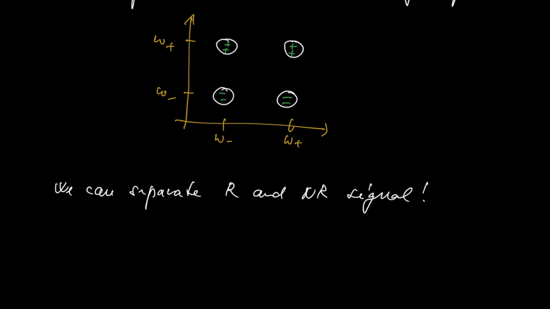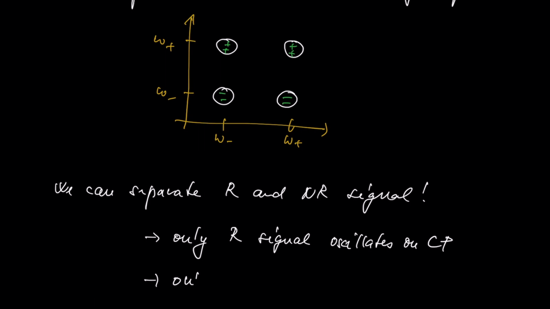We can check that only rephasing signal oscillates on cross peaks, and only non-rephasing signal oscillates on diagonal peaks.